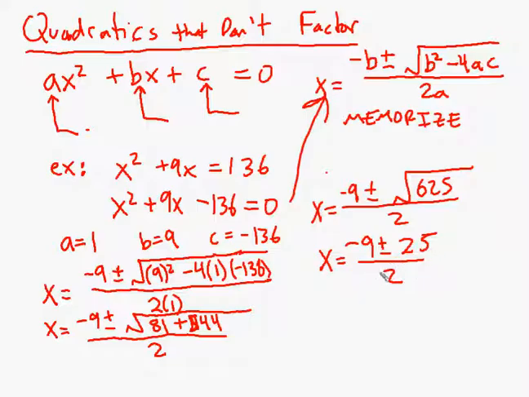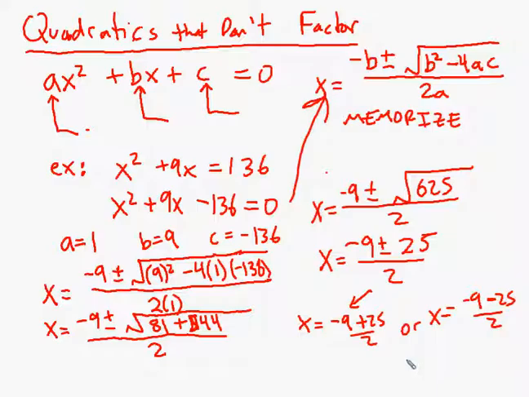It is now at this point that I have to do one thing that's not very tricky, but you could make it tricky if you wanted. This is a plus or minus. That means I need to split it into the two cases. X could equal -9 plus 25 over 2, or X could equal -9 minus 25 over 2.